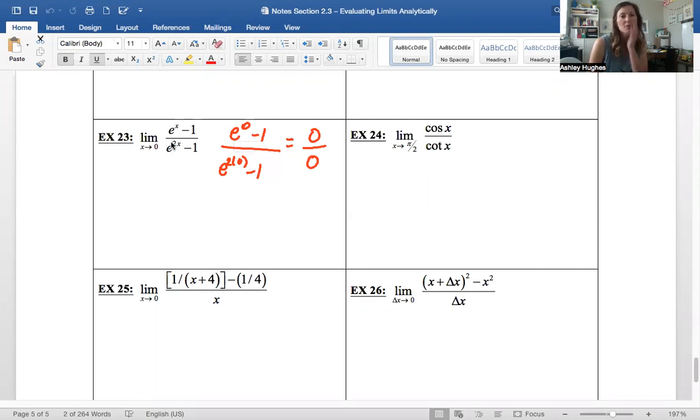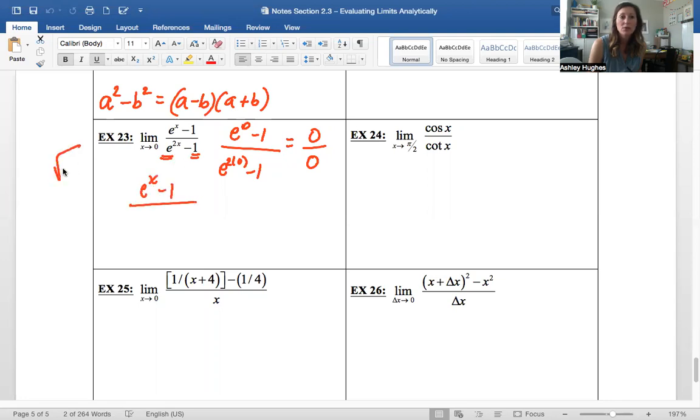So we're going to do something kind of unique here. I know if I have something squared, it factors to be a minus b times a plus b, if you have a difference of squares. I'm going to treat this as a difference of squares. The square root of e to the 2x, that's like taking e to the 2x to the 1/2 power.